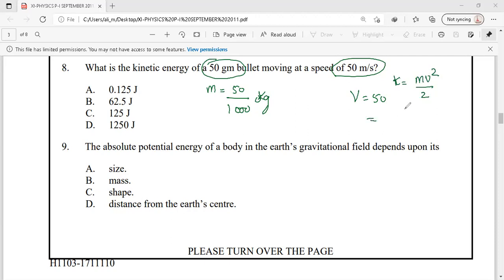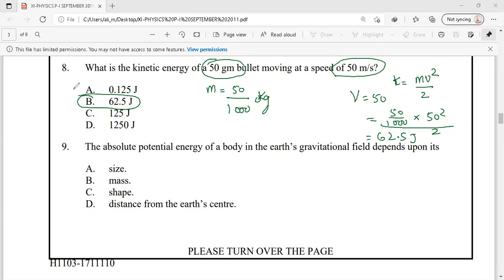Mass will be 50 over 1000, which is 0.05, multiplied by the velocity squared, 50 square, and finally divided by 2. So we will get 62.5 joules of energy. So the expression will be 50 over 1000 multiplied by 50 square and divided by 2. So option B is the right answer.